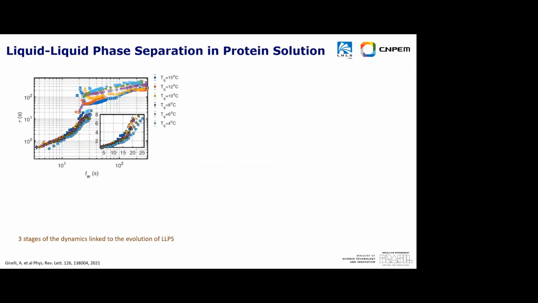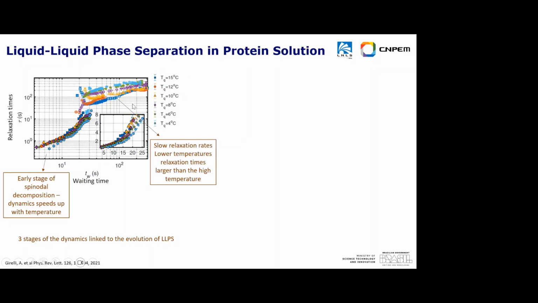So analyzing the evolution of the relaxation rate as a function of the time of the experiment, what they observed is that in the early stage of the spinodal decomposition, the dynamics speeds up with temperature. But then at the late stage of the phase separation, they observe slow relaxation rates. So at lower temperatures, relaxation times are larger than at higher temperatures.